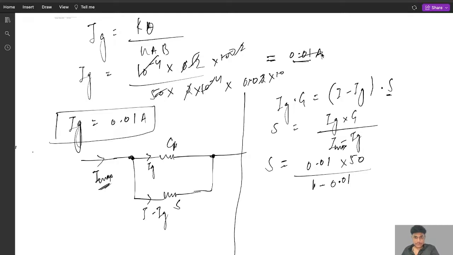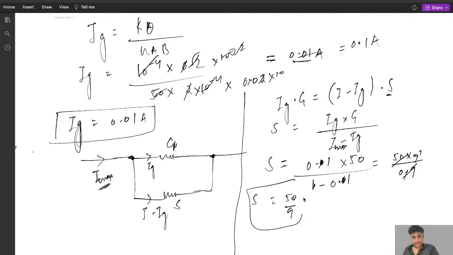Okay, this is not 0.01, that is 0.1 ampere, right? Please correct this. That is 50 into 0.1 upon 0.9, right? 0.1 cancels out, and S is equal to 50 upon 9, right? Check the calculation here. I did it in a hurry in the copy when I solved the question, and a little error had happened. Okay, please.